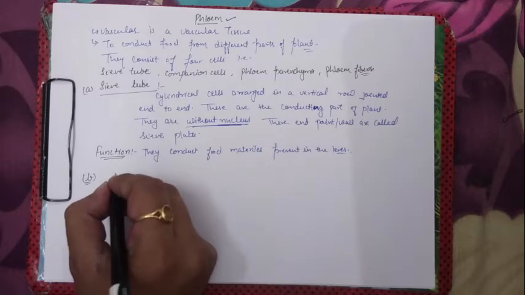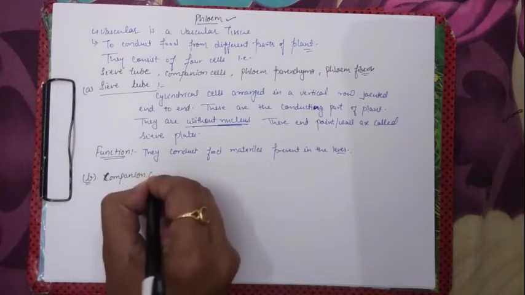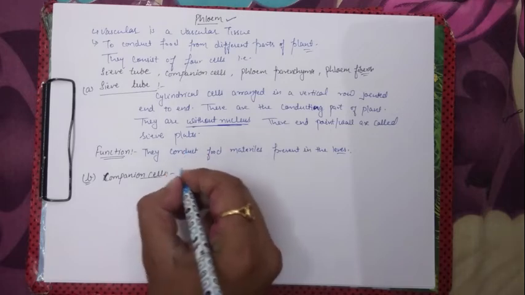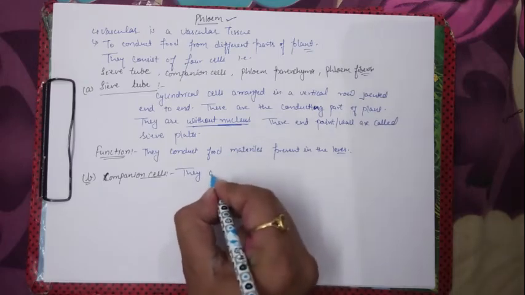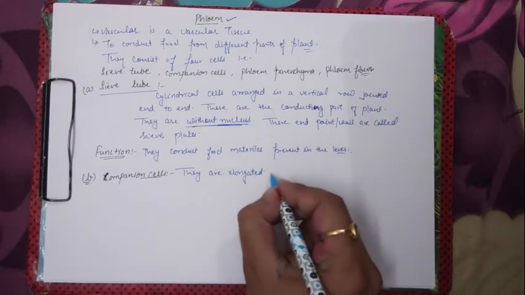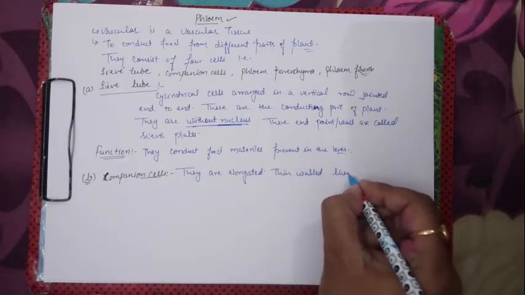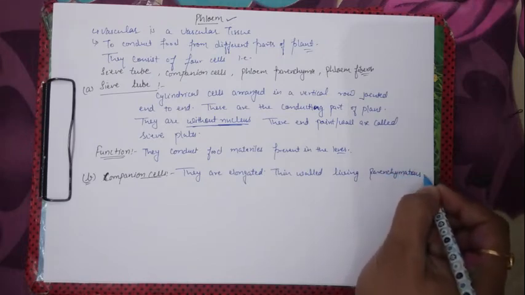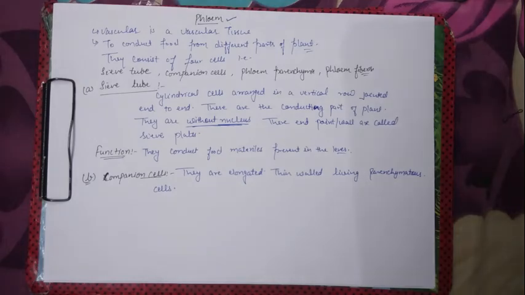Next are companion cells. They are elongated, thin-walled, living parenchymatous cells.